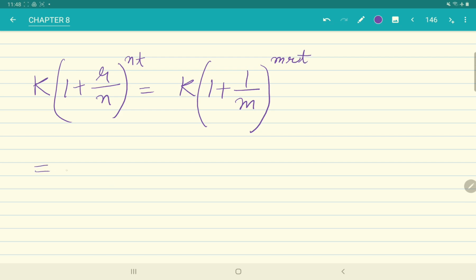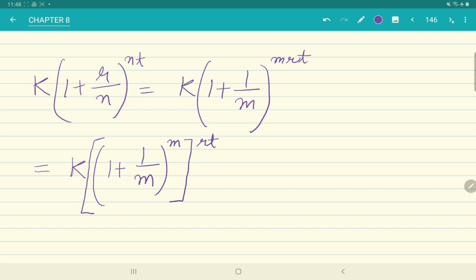This can then be written as k (1 plus 1 by m) raised to the power rt. And I would now like to know what happens to this expression as n tends to infinity.